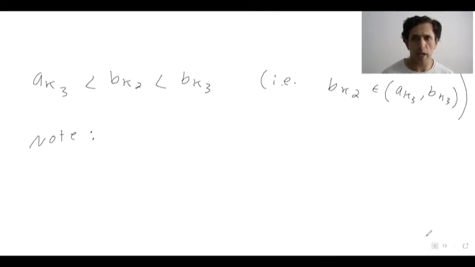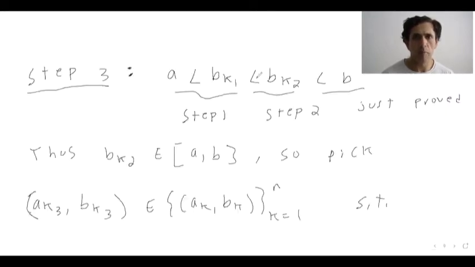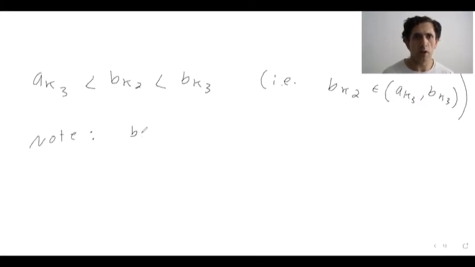Again, we have BK1 is less than BK2. BK2 is less than BK3. So we have 3. You might be able to see where this proof is going.